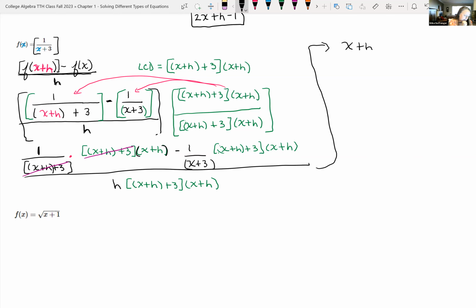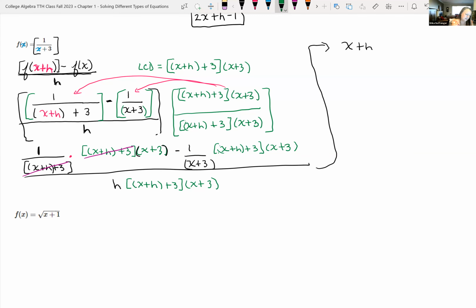That should have been right here, my LCD. This should have been x plus h plus 3. Okay, that is the common denominator.